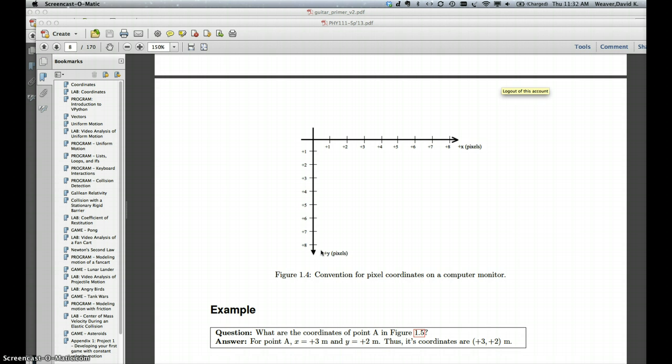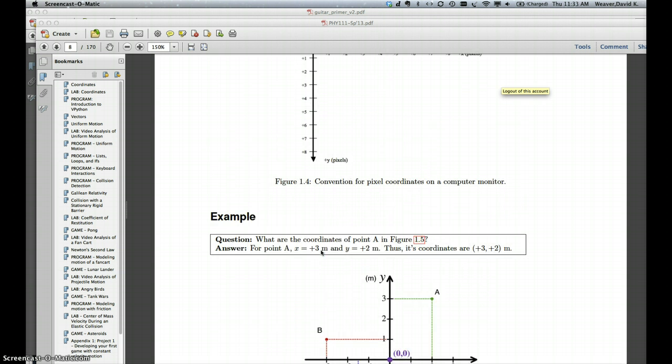So in other words, if I were to draw a sphere at negative 150 meters to the left, in the x direction, when I would run the program, if that was the only object, it would appear to be in the middle of the screen because the camera would shift to the objects of interest. But typically what you want to think about in VPython is that the very center of the screen is 0, 0, 0, with to the right being positive x, up being positive y, and out of the screen being positive z.